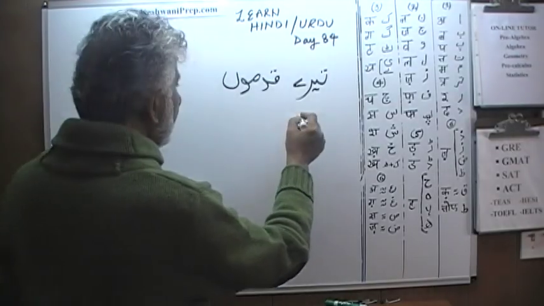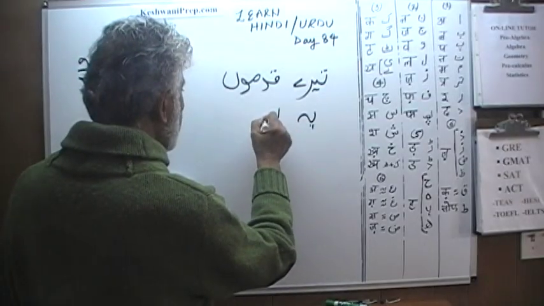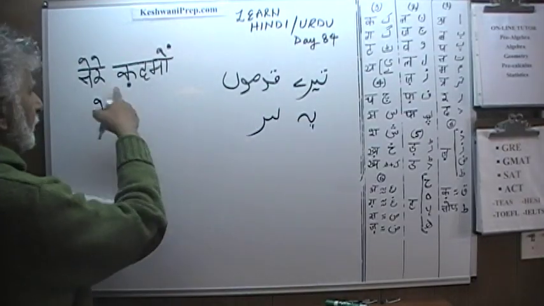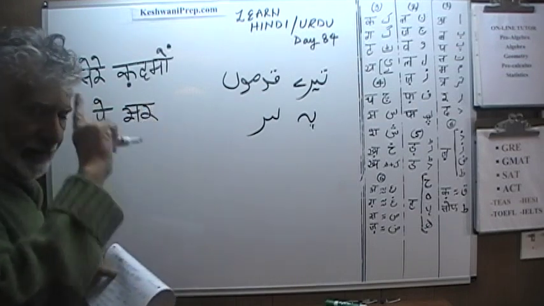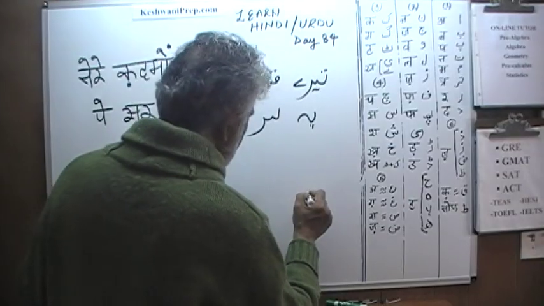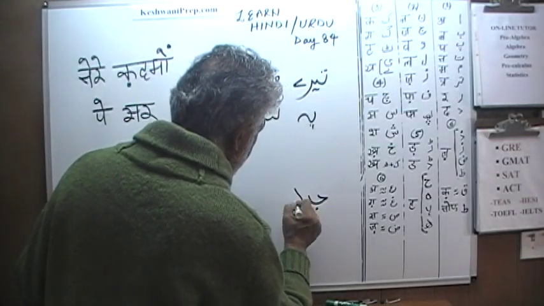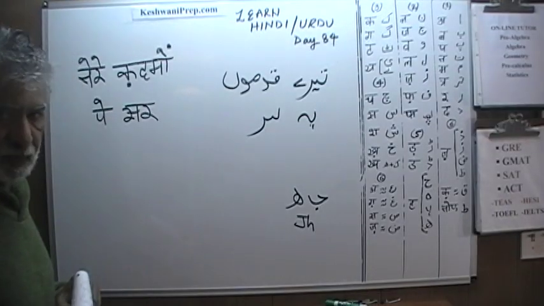Tere kadmo pe, sir. Sir means my head. Juka, J, Jim and a He, J. Urdu does not have a J, Hindi does.